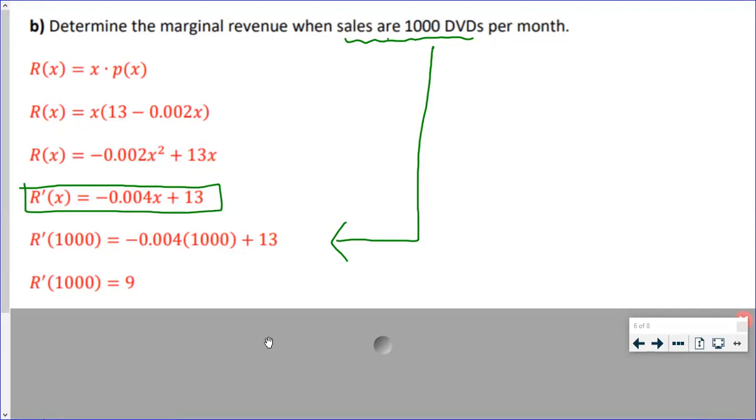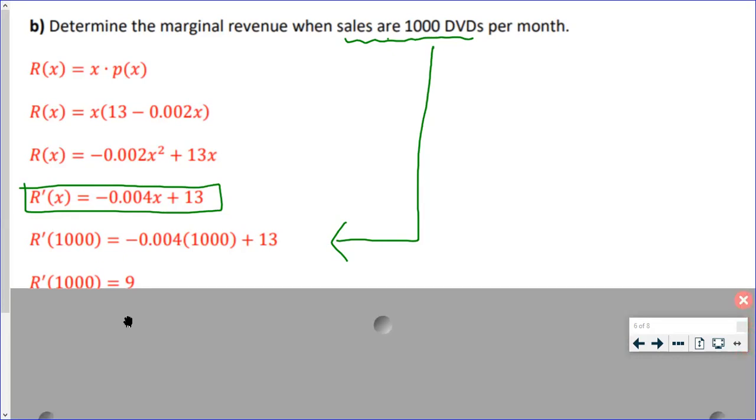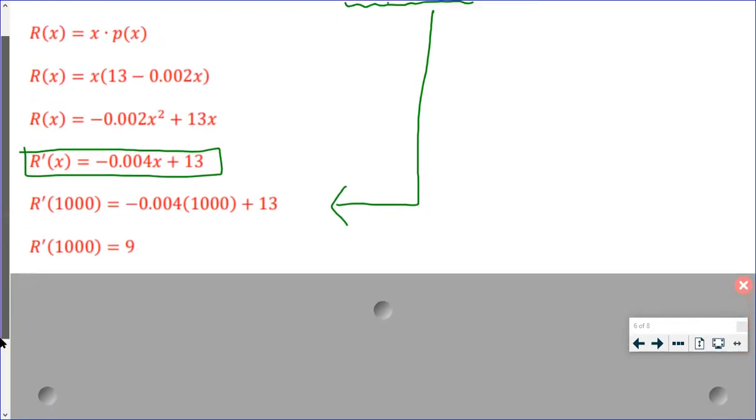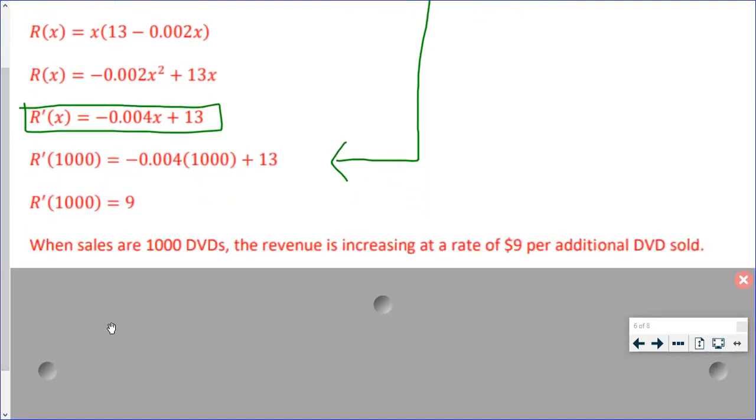So that'll be the rate of change of the total revenue with respect to the number of items sold. How can we interpret that in terms of a statement? When sales are 1,000 DVDs, the revenue is increasing at a rate of $9 per additional DVD sold.